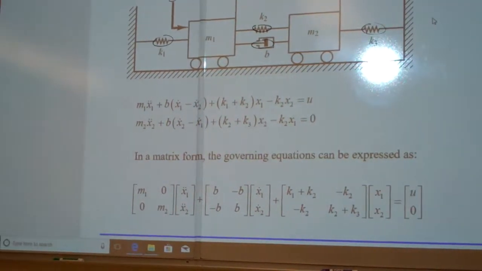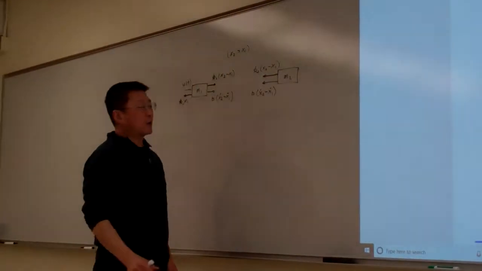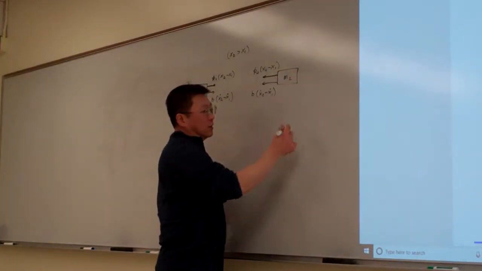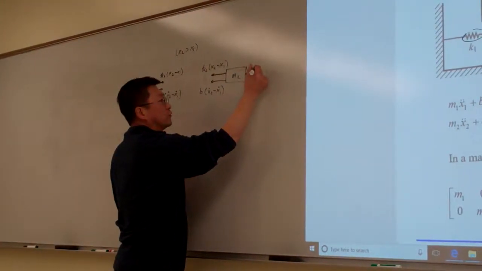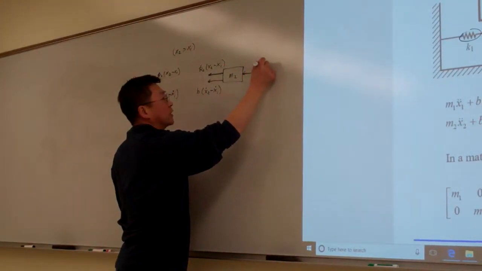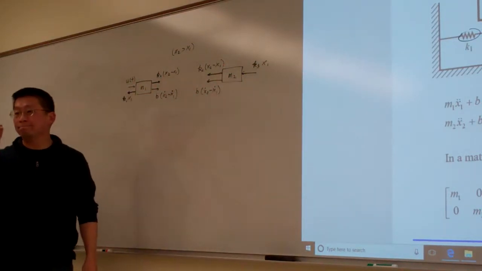For spring K3, K3 has been compressed. And if the spring has been compressed, then it's going to bounce back, so the spring force will be K3 times x2 in these directions.